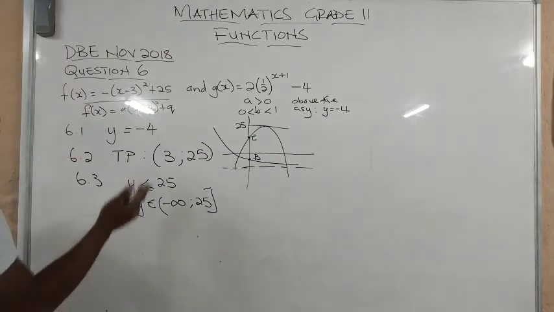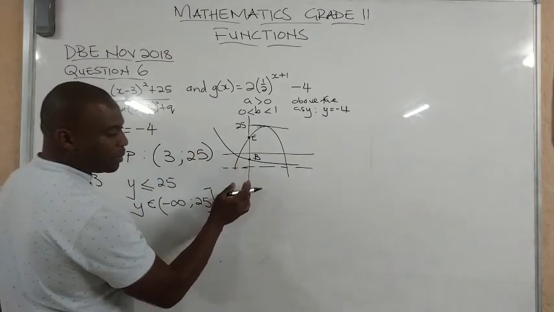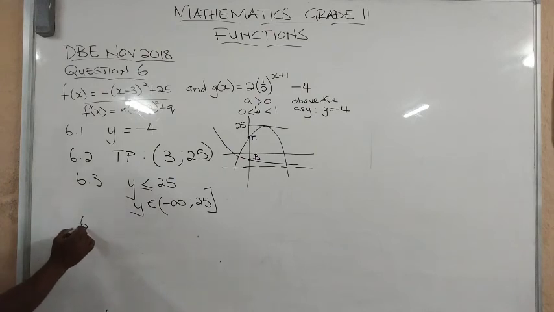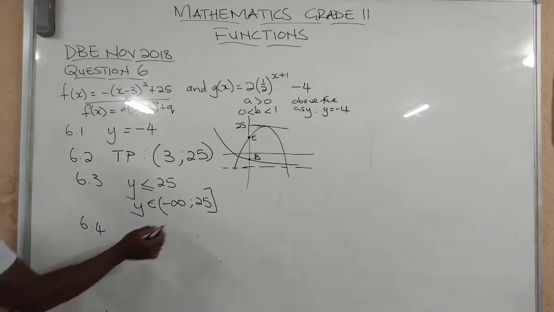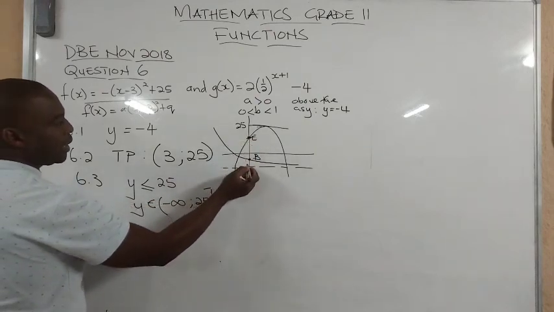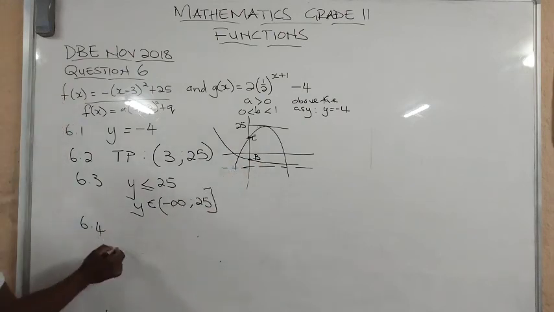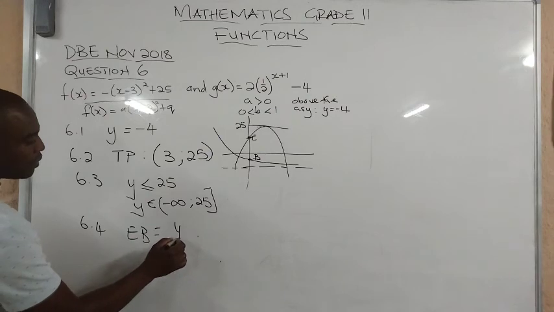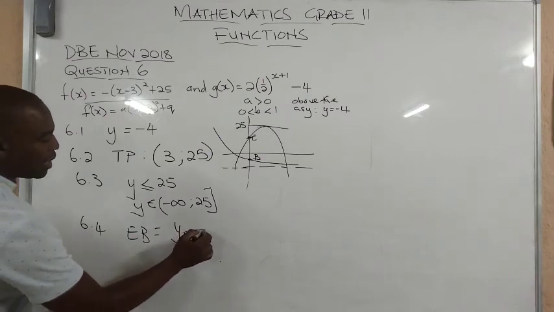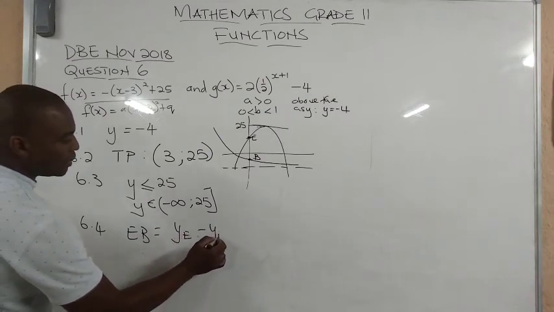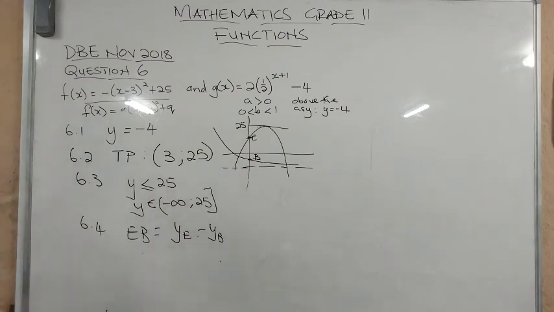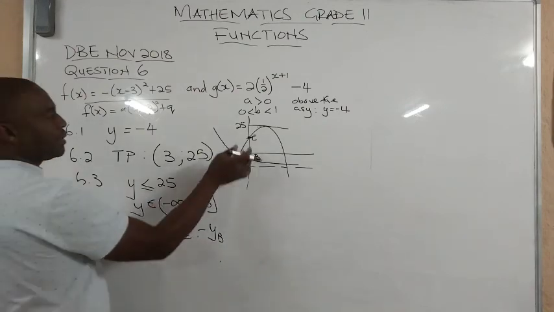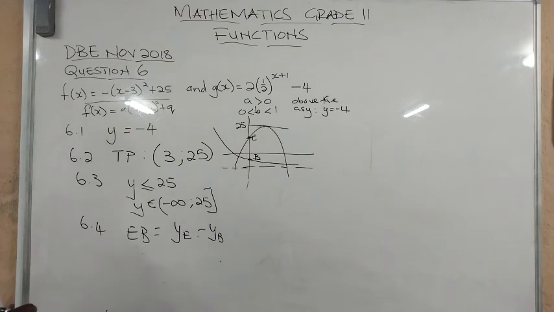That means for us to find the length of EB, we just need the y coordinate here and the y coordinate here. So EB will be equal to y coordinate at E minus y coordinate at B. So these are the intercepts of the 2 graphs. That means we need to find the intercepts.